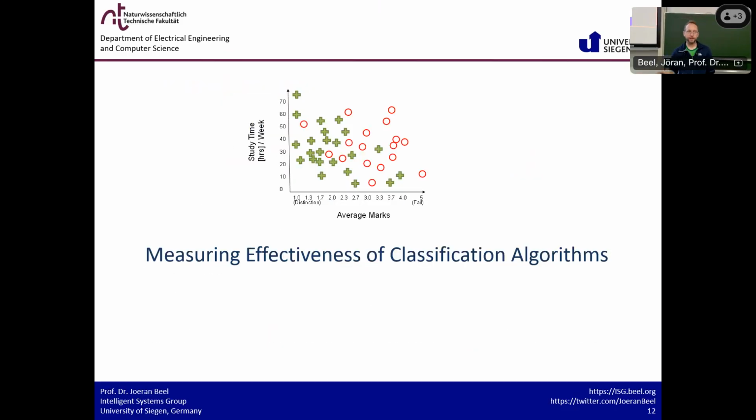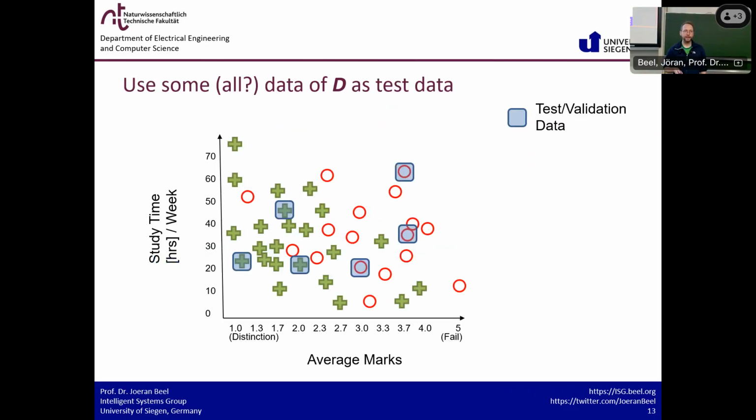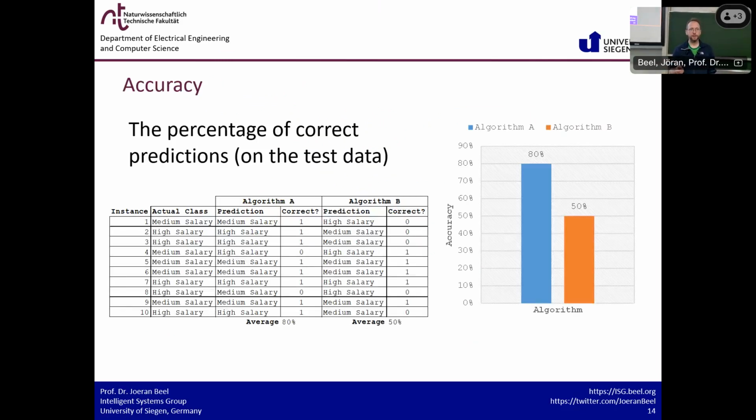So let's start with measuring the effectiveness of a classification algorithm. You have your data set, and you randomly choose some of the data points, 20%, to test your model later on. This is not specific to kNN, this is specific to any machine learning algorithm.